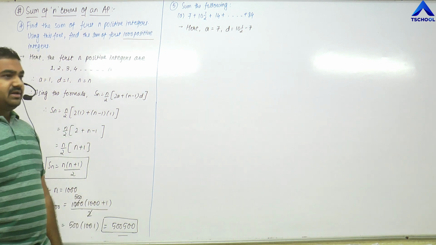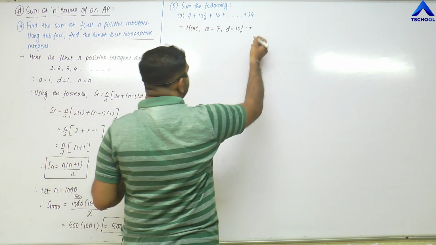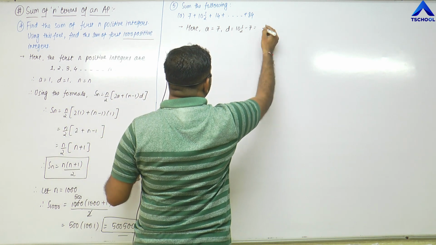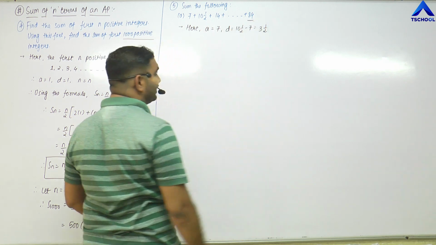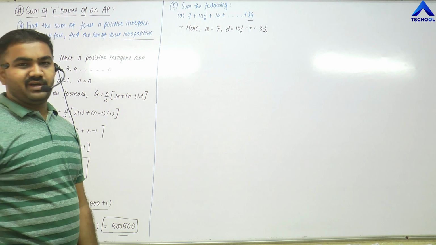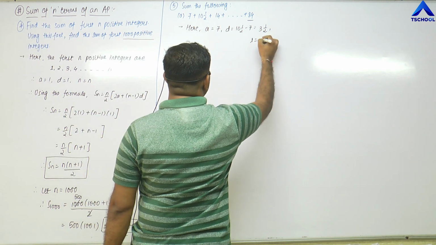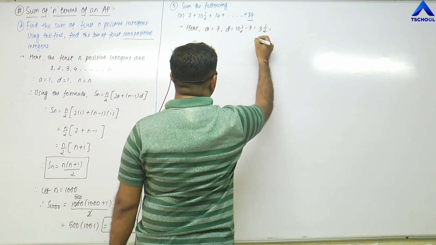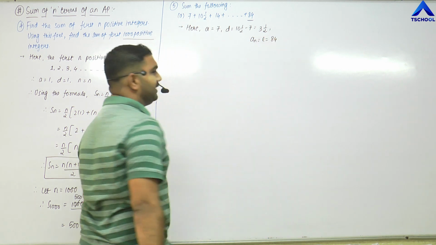Yes or no? 10 integer 1 by 2 simply means 10.5 minus 7, that will be 3.5, which equals 3 integer 1 by 2. And we also know that there is a last term given, so we can directly use that fact here, that l equals 84. Is it clear or not? Or an equals l equals 84.